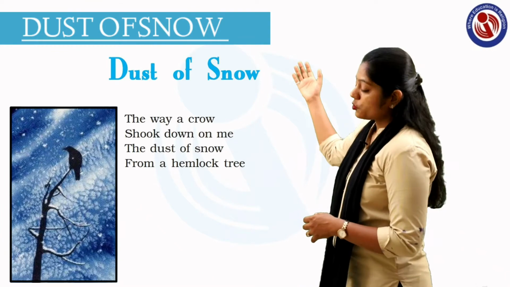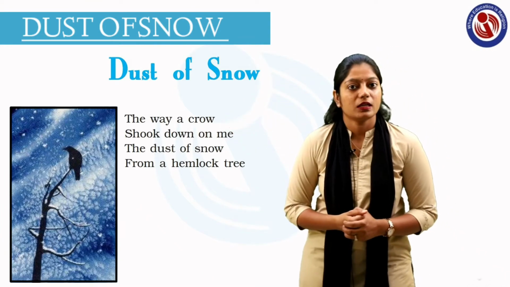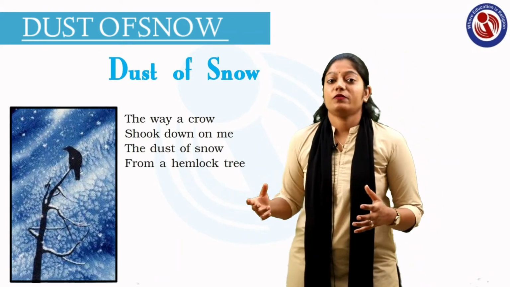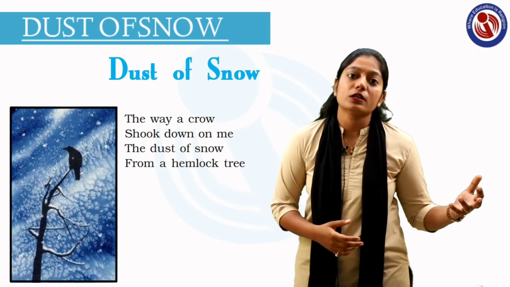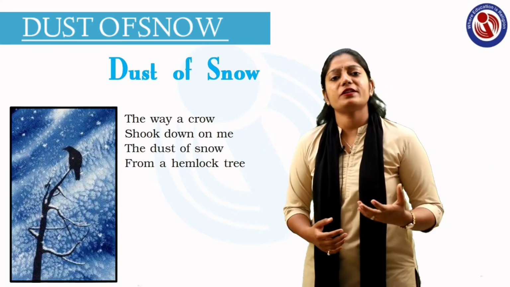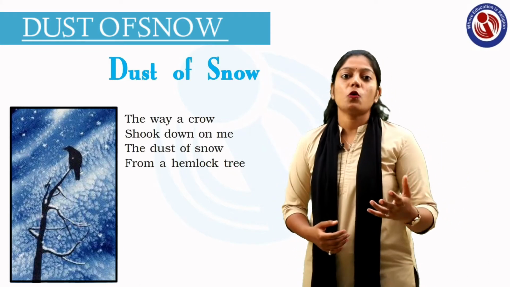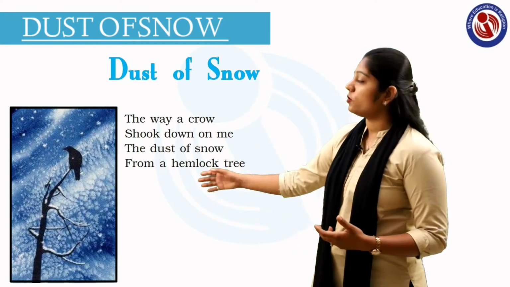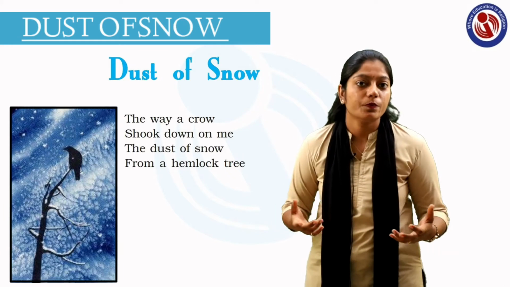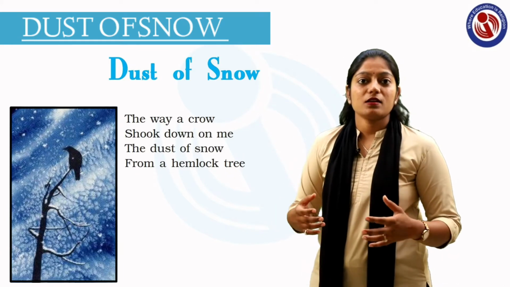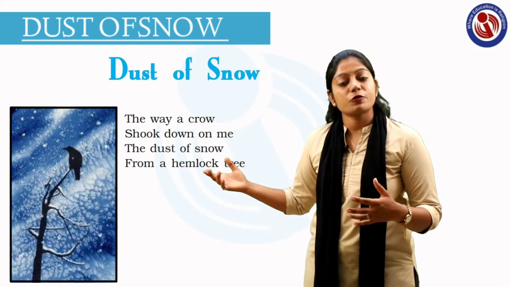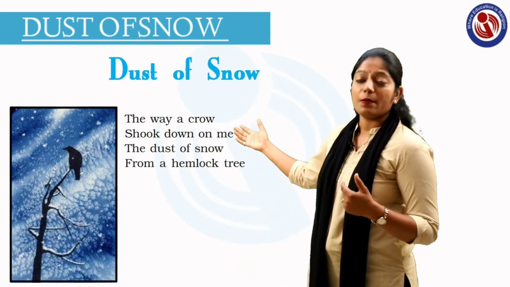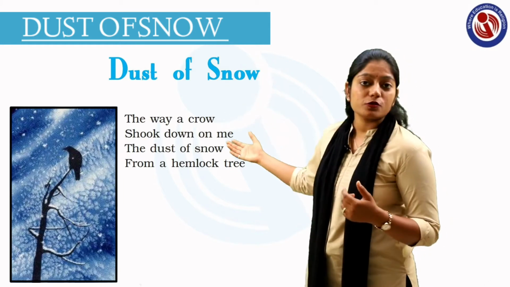The way a crow shook down on me. Now this crow sat on the hemlock tree, and we are talking about a western country where snow falls every time, and during snowfall it is very hard in the northern countries, right? So this hemlock tree is full of snow. There is a carpet of snow on this tree. You can see in this hemlock tree there is so much snow on it.